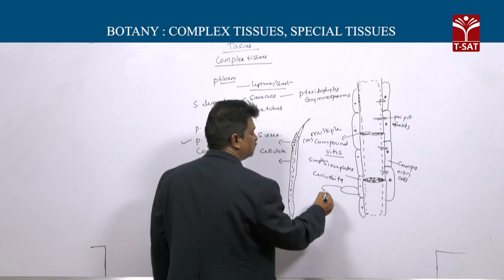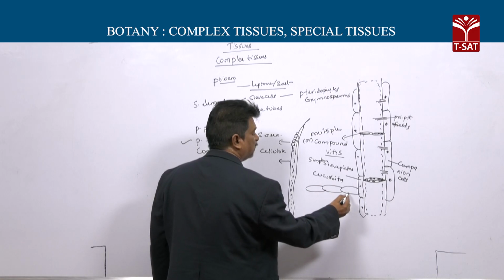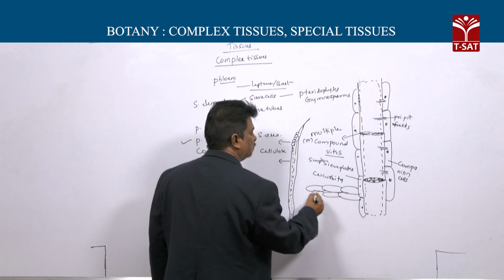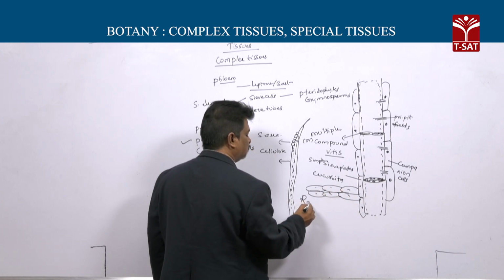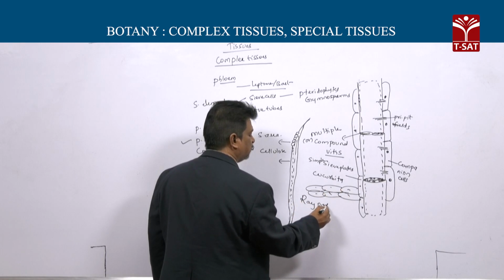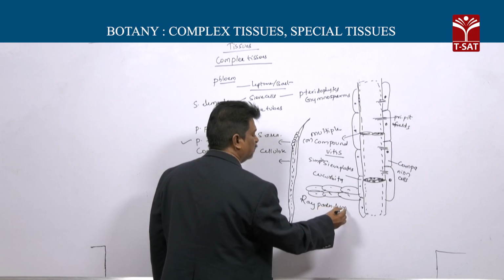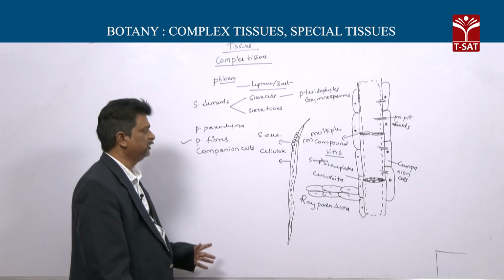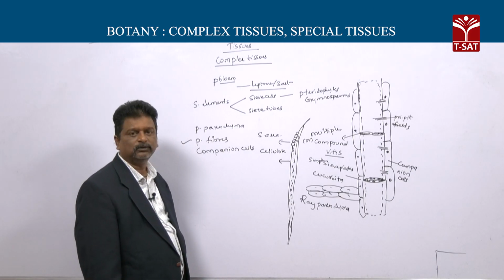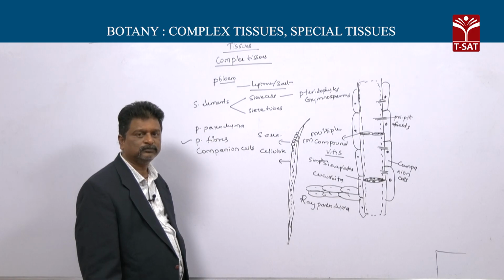The other is ray parenchyma, present in secondary phloem. This ray parenchyma helps in lateral conduction. An important point is that phloem parenchyma is absent in monocot stems.